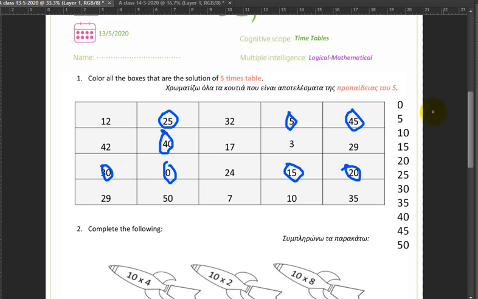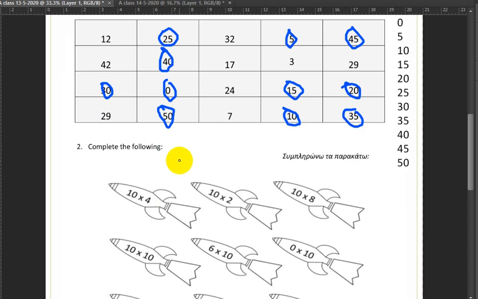Then we have 29, which is not a result. 50 is a result right here. 7 is not a result. 10 and 35 are. 10 right here and 35 here.